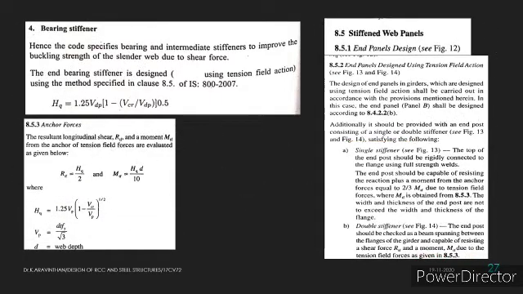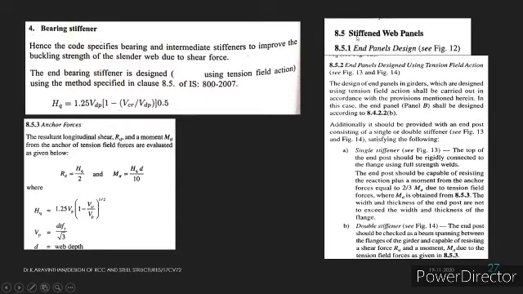Okay. Next, let us go for the bearing stiffener. What we mean by bearing stiffener is, this is the end bearing stiffener. We know that for transferring the load at the junction, we need a bearing stiffener. That's why we are providing an end bearing stiffener.